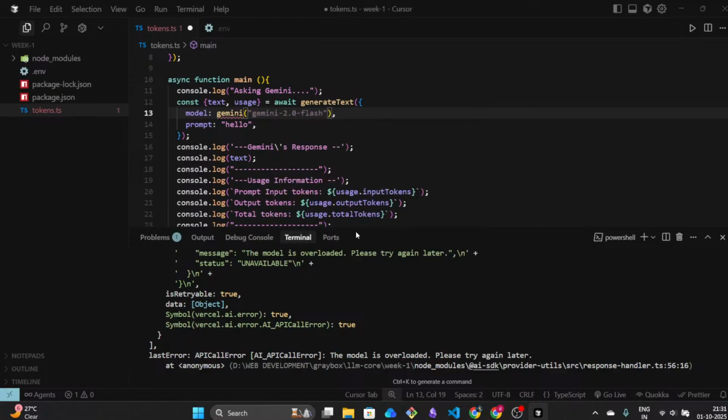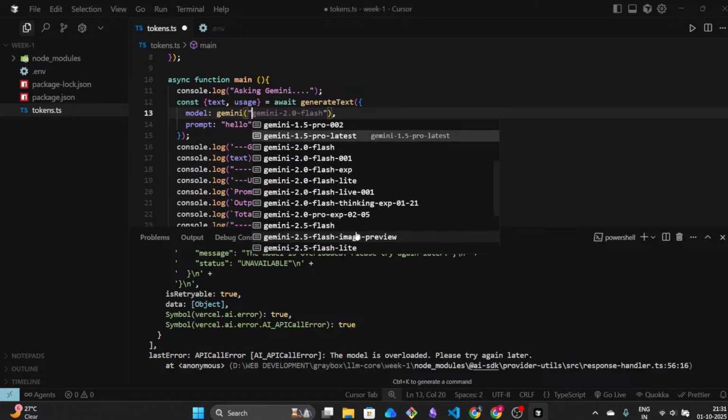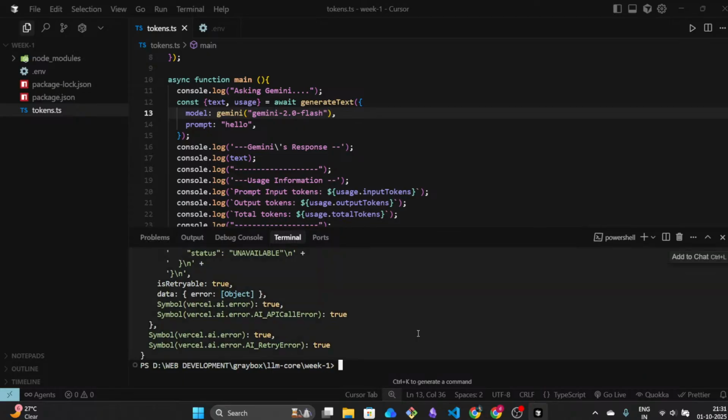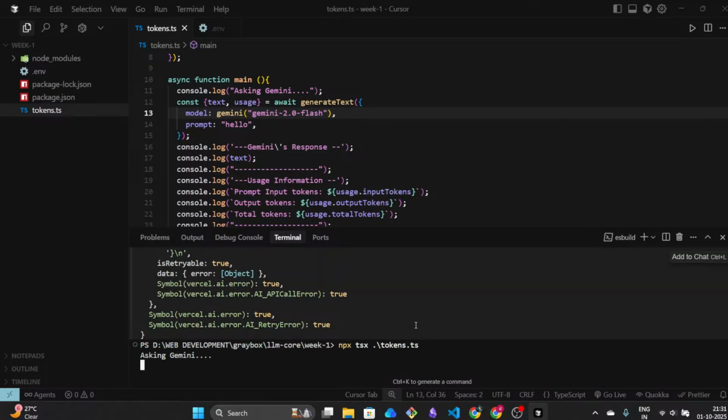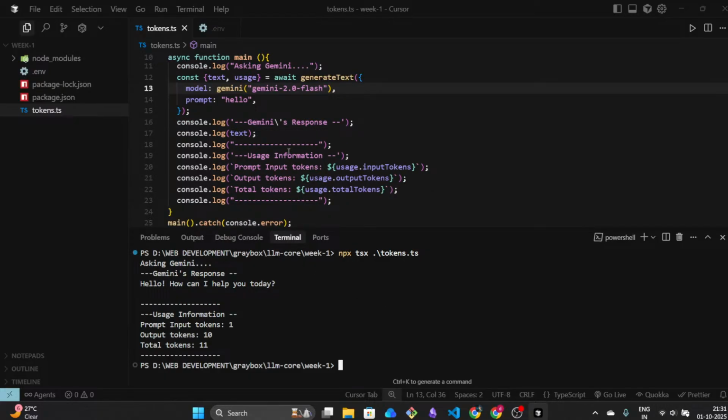Oh, it was the same. Was it flash lite or flash I was using before? Let's try this one. Oh, it's the same, I think. Oh yeah, it's not. So the word hello is only one token. Why is it one token while that other word was 8 tokens? We will understand it in a bit.